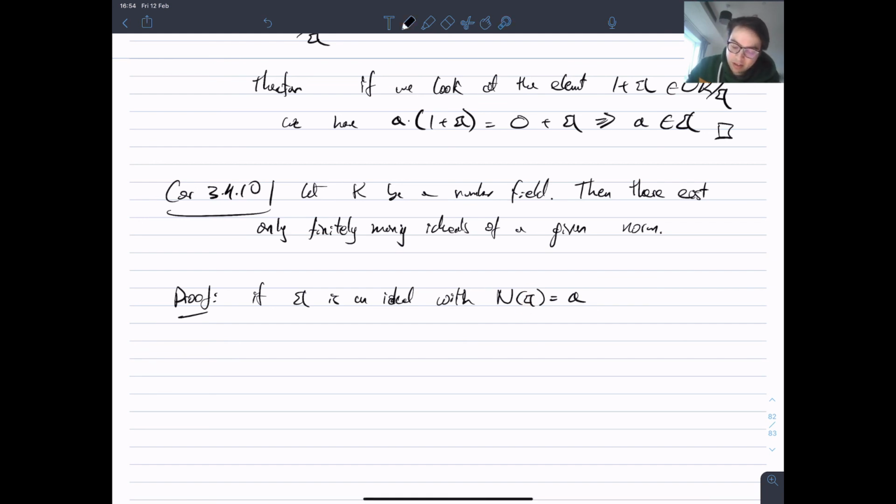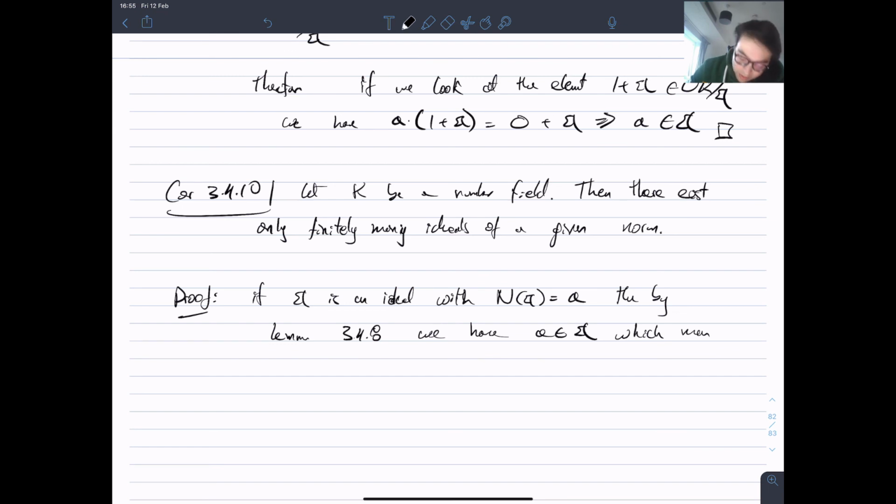So if I have an ideal A with norm a, then by this lemma 3.4.8, the one that we just looked at, we have a has to be contained in my ideal. Just check this.